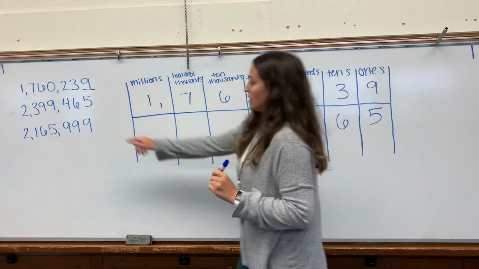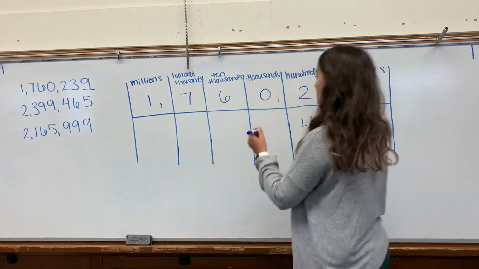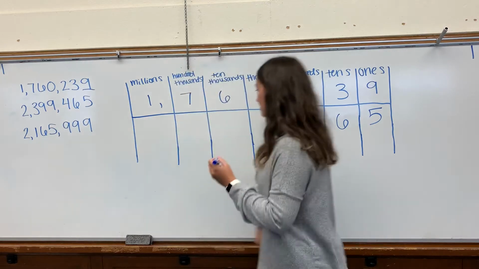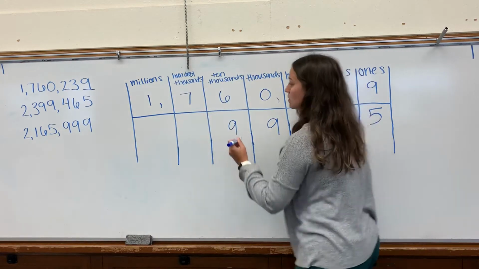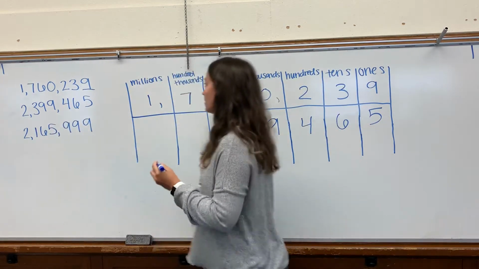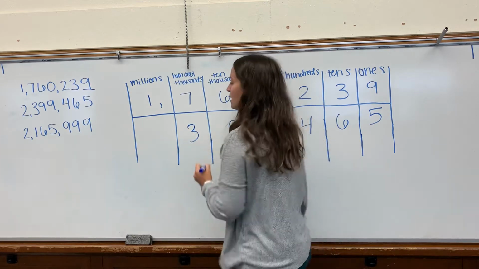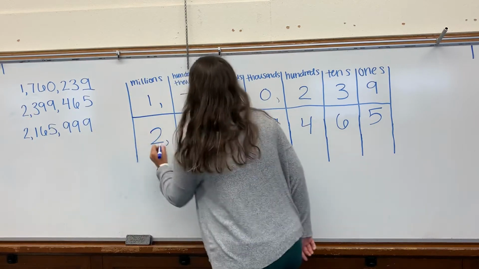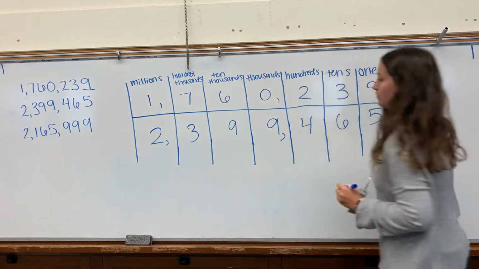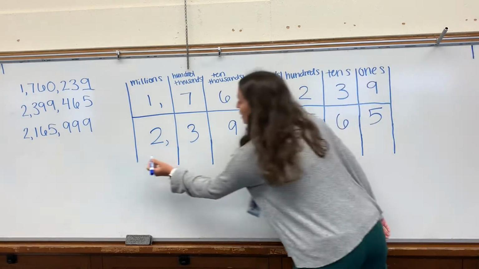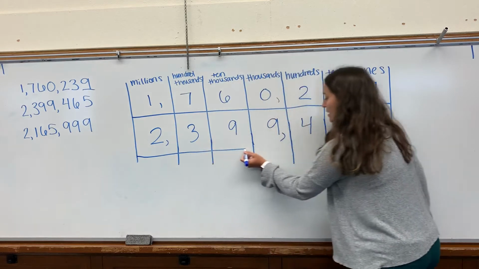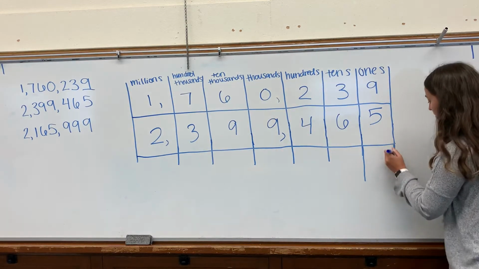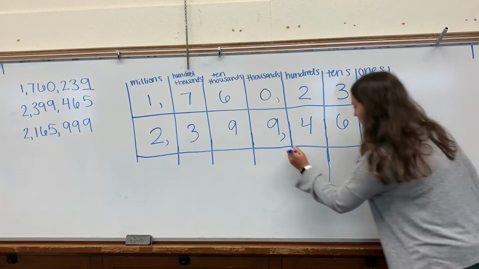Next number is a 9 in my thousands place, 9 in my 10,000s place, a 3 in my 100,000s place, and now I have a 2 in my millions place. I'm going to add my commas where they need to go, okay? So now I'm going to draw another line through here because I still have one more number that we're going to order. So I'm going to make my lines a little bit longer here.